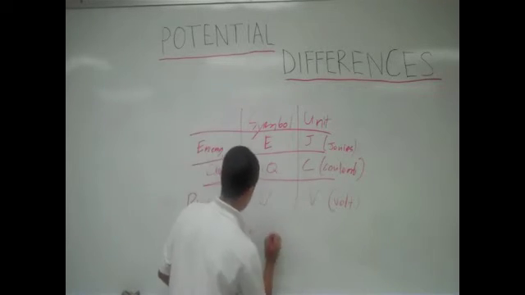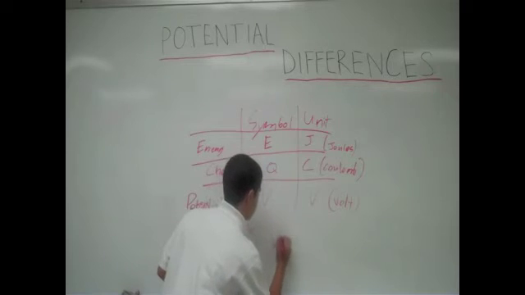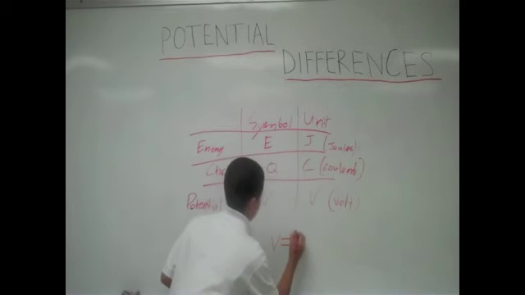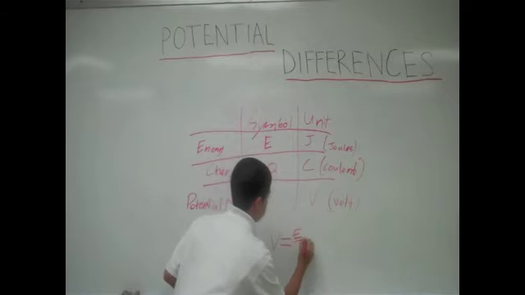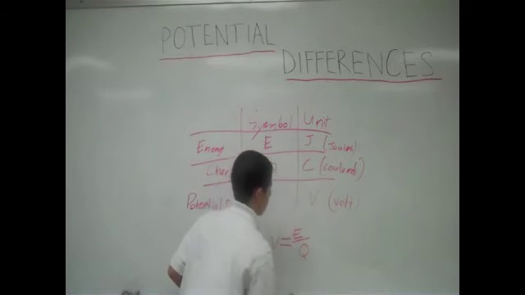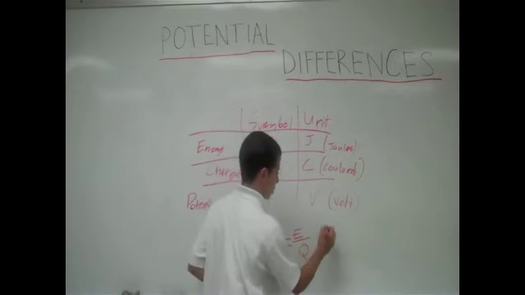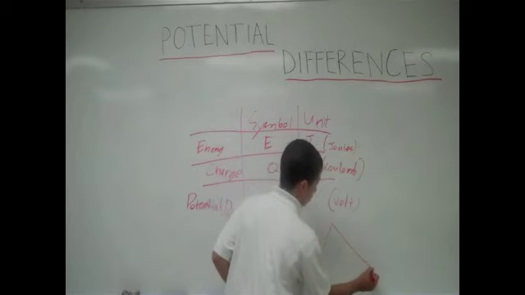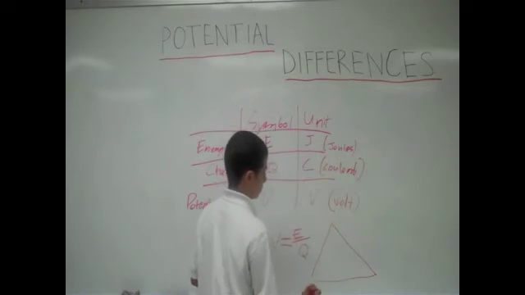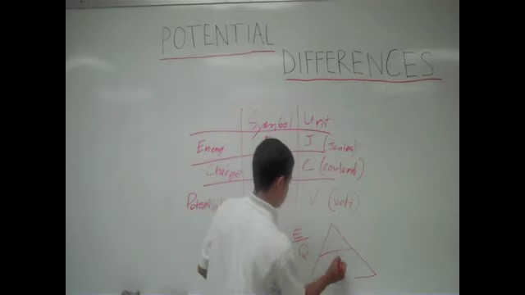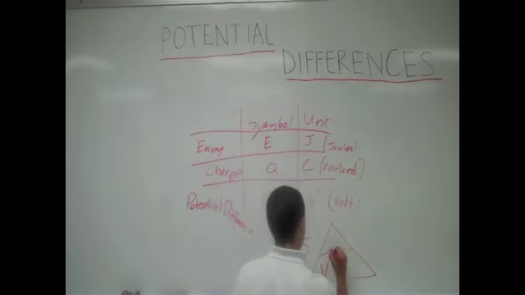So here, V equals E divided by Q. We could also show this in a pyramid, just like I showed the calculation for the other one, which is V over E Q.